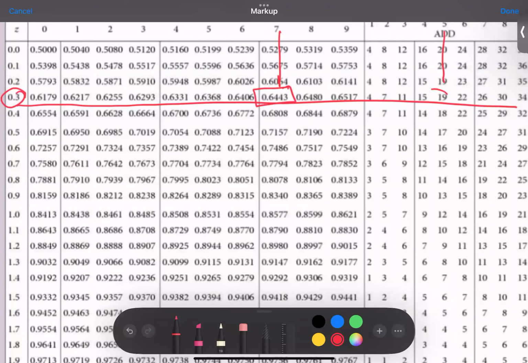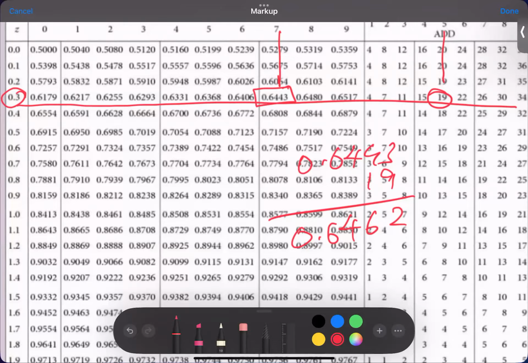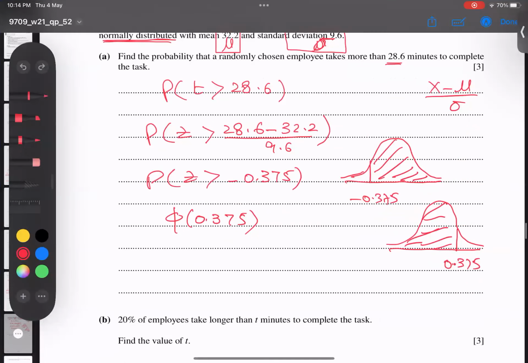The 5 is here, so it is 0.6443 and 19. If you add, it becomes 0.6462. I hope you got the idea. But you know, we always write 3 significant figures, so this is our final answer.